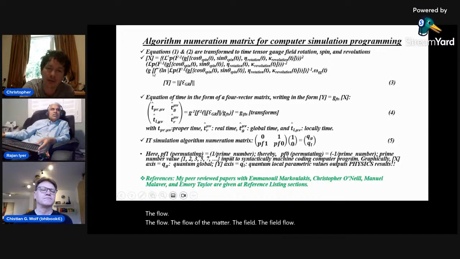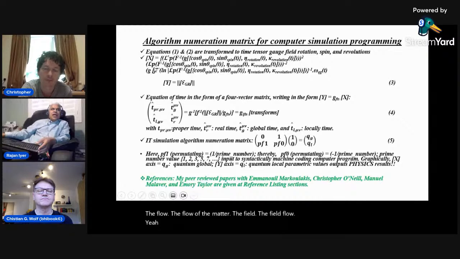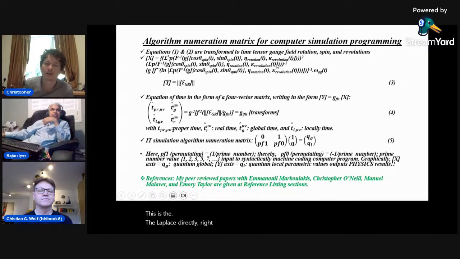And then we have that again. So we've gone through all of that. This time it happens to be to the power of -2. So this is the differential of the Laplace, the Laplace directly, of the thing. When you calculate that, it has a non-linear aspect.